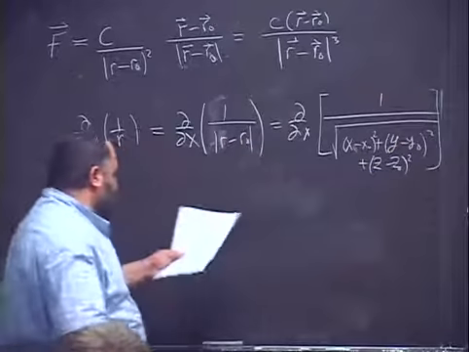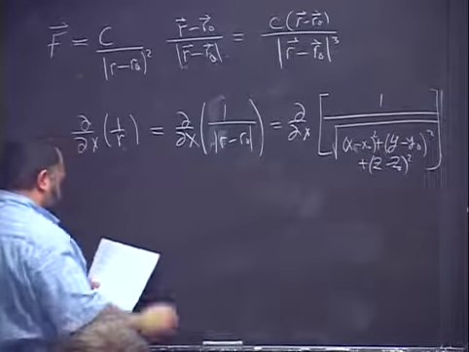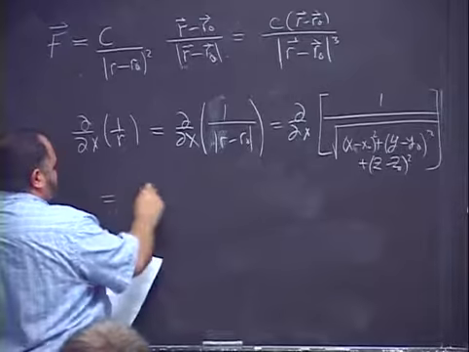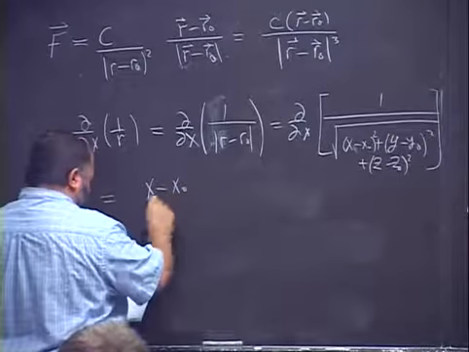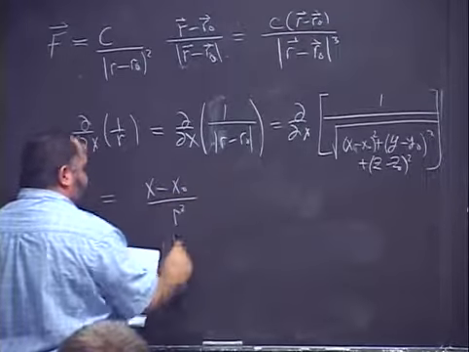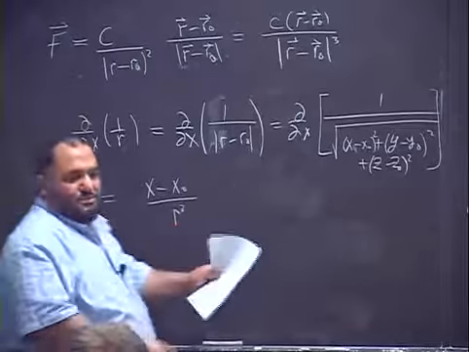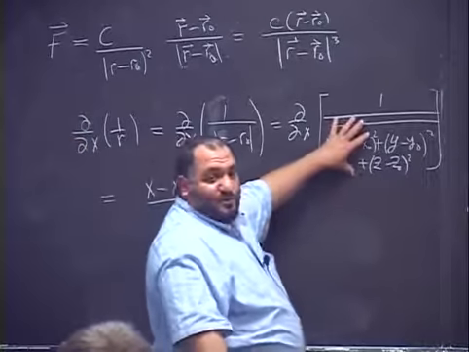If you differentiate this, you will end up with x minus x0 divided by r cubed. Just do it.